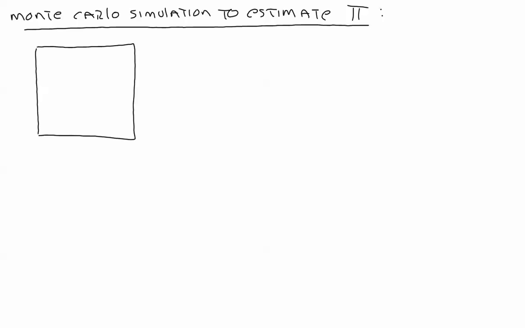So I've got a square, and I've got some inscribed circle. The radius is r. We'll let this be the x direction, and we'll let that be the y direction.